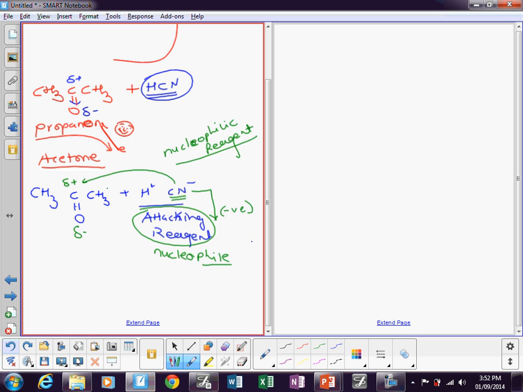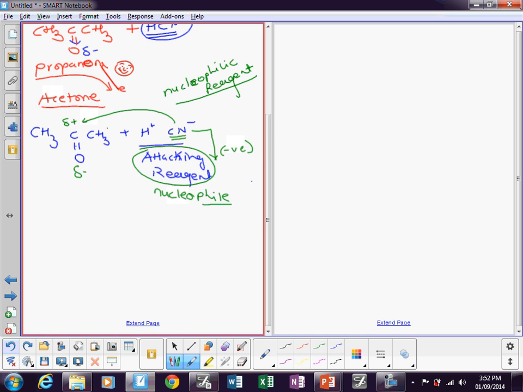So they attack this positive charge, and because of that, in the presence of this, the attack will happen, but before attacking something else is happening. Because of that attack, this electron pair shifts to the oxygen. So the first step is this, in the second step something else happens.